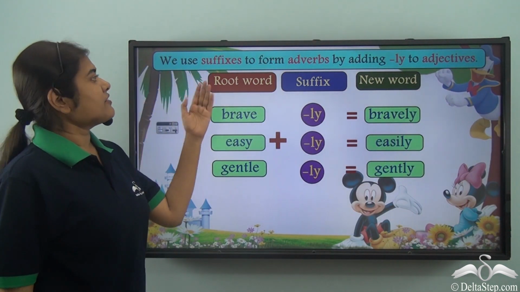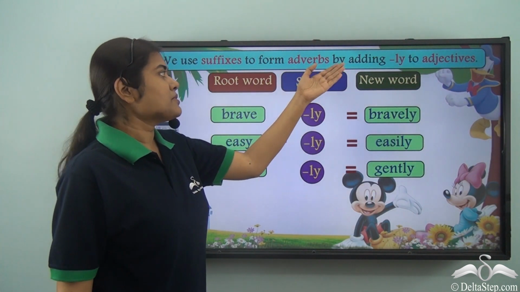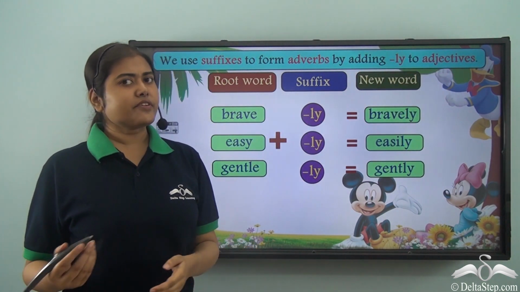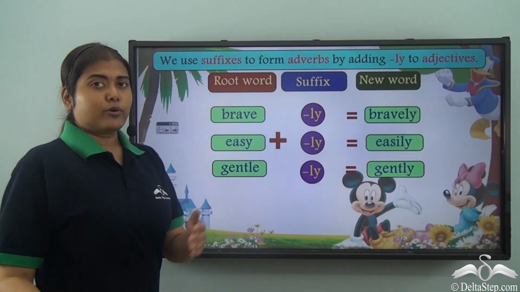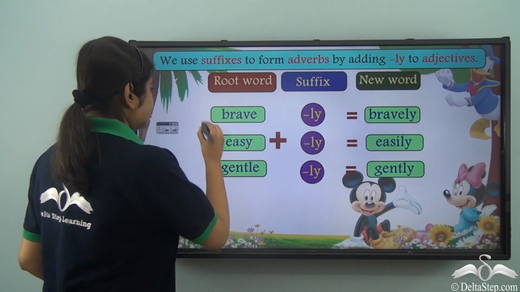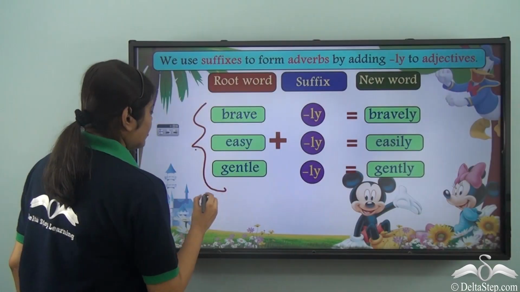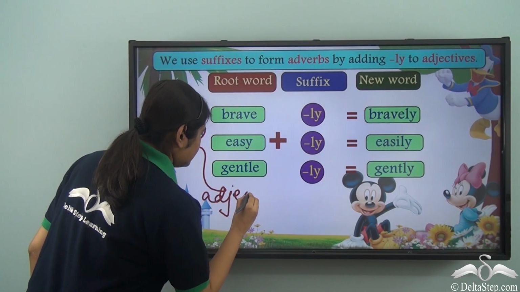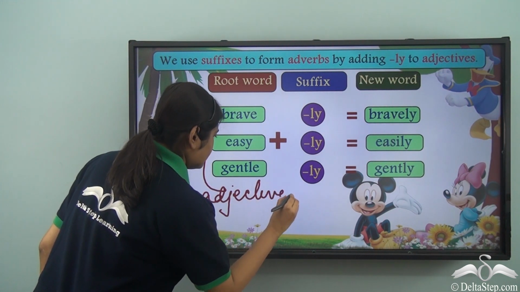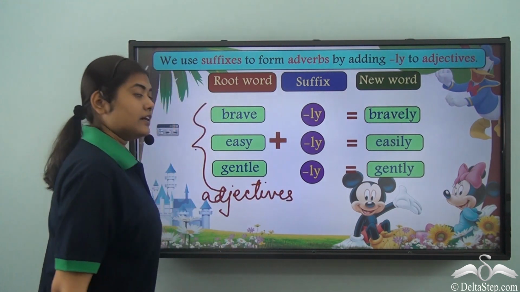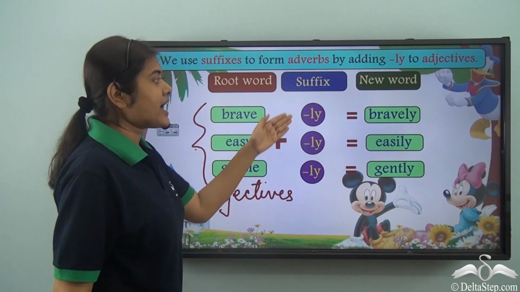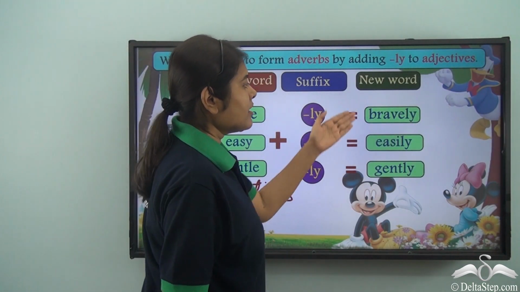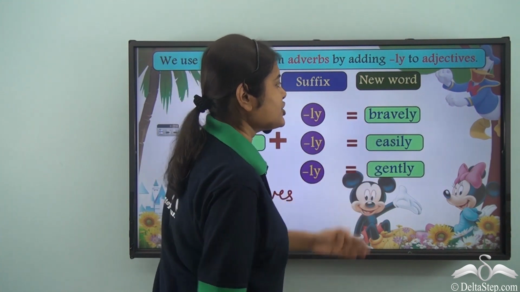We also use suffixes to form adverbs by adding ly to adjectives. Now, this is a very common usage. Now, words like brave, easy, gentle, all these are adjectives, and if we add ly to these words, what we get are bravely, easily and gently.